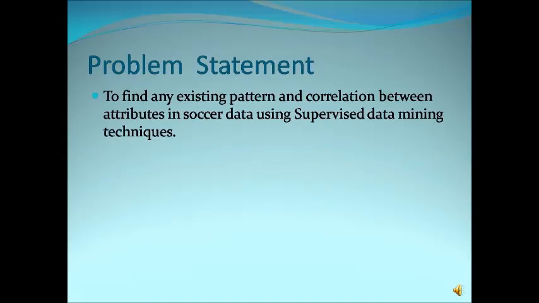So, on to the problem statement of this project. The problem statement is to find any existing pattern and correlation between attributes in soccer data using supervised data mining techniques. For this project, we have decided to use a supervised data mining technique, as we feel this is the technique that best suits the data which we have acquired.